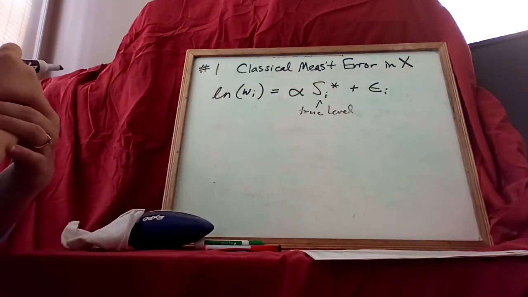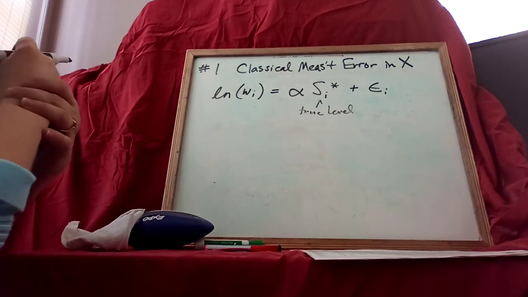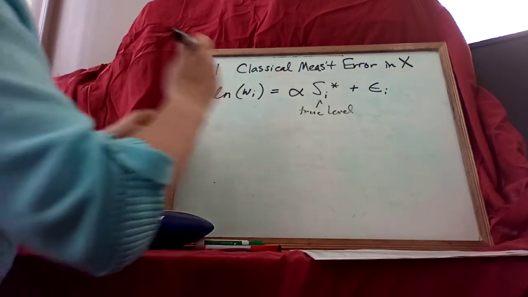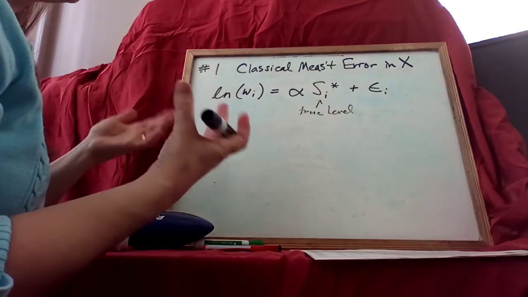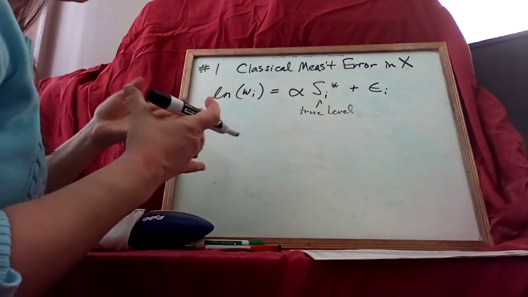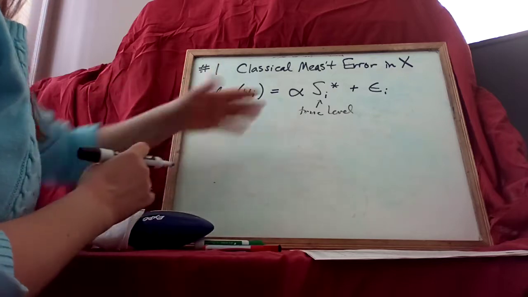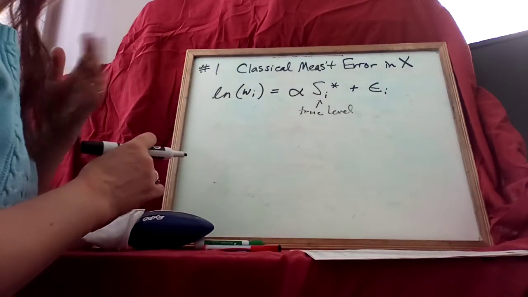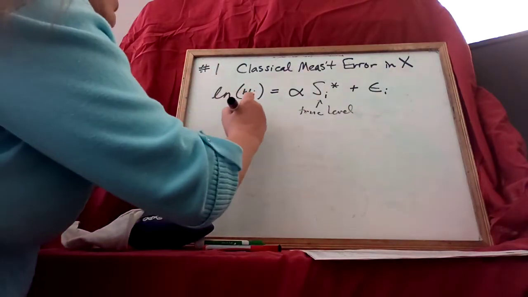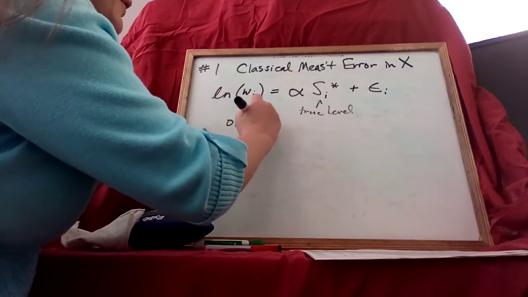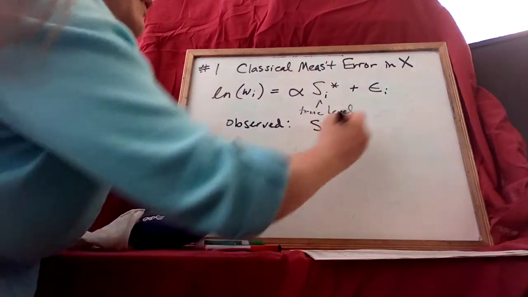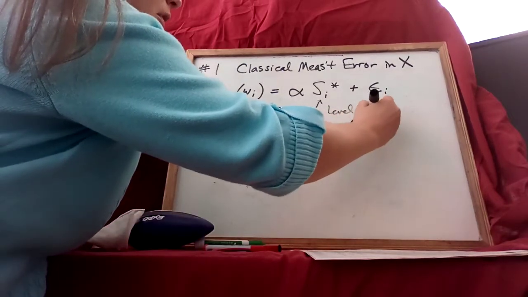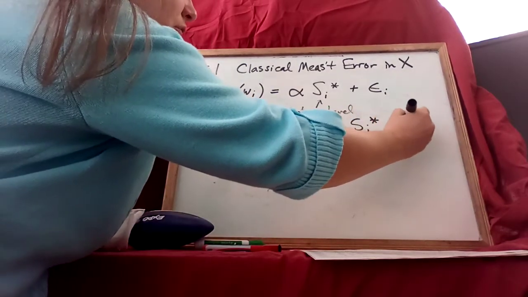The issue with measurement error in X is that we're concerned that the variable that we've got is not measured correctly. And so when we deal with measurement error, we usually need to give some special names to the regular and the mismeasured variable. So our true variables are going to be labeled with stars. But our observed variable is going to just be S_i, which is related to, but just not identical to, the true level of education.